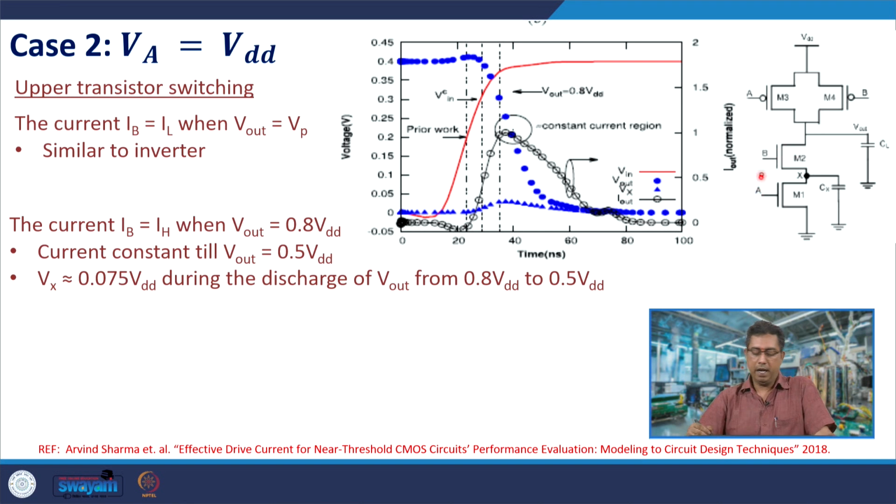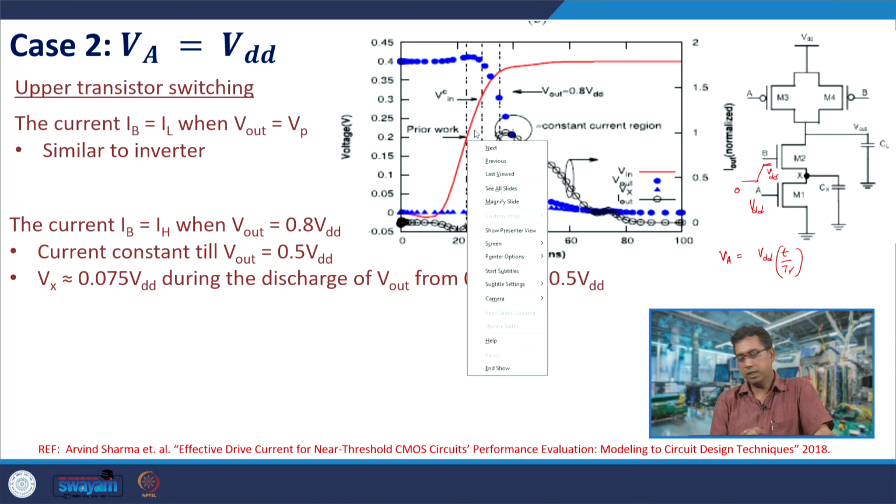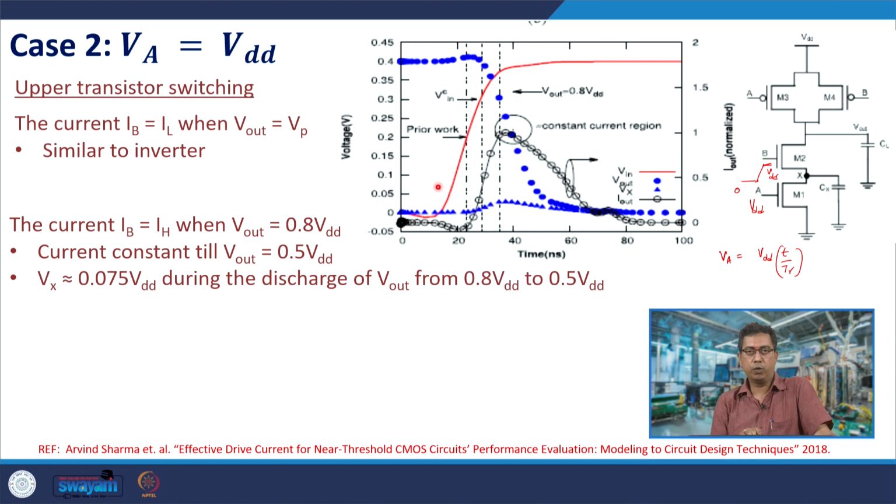So, now A is at VDD and the upper transistor switches from 0 to VDD, and VA can be given by VDD t by TR, where TR is the transition time. So, what do we observe here? The input rises. The prior work before this paper referred that when the input reaches 50%, the output would start discharging, which is not true for the near threshold voltage regime.